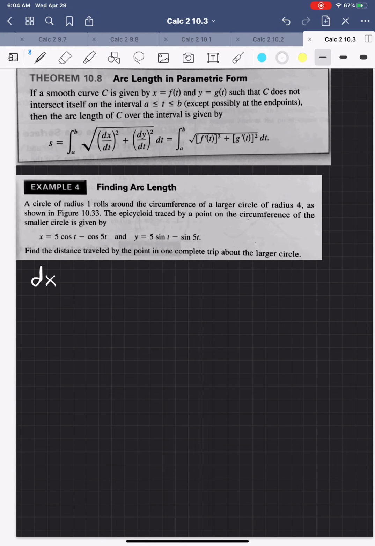So dx/dt, let me write that. Just take the derivative: that's negative 5 sine of t plus 5 sine of 5t.